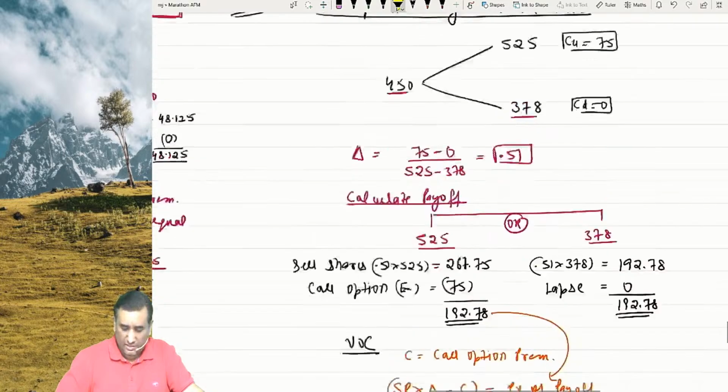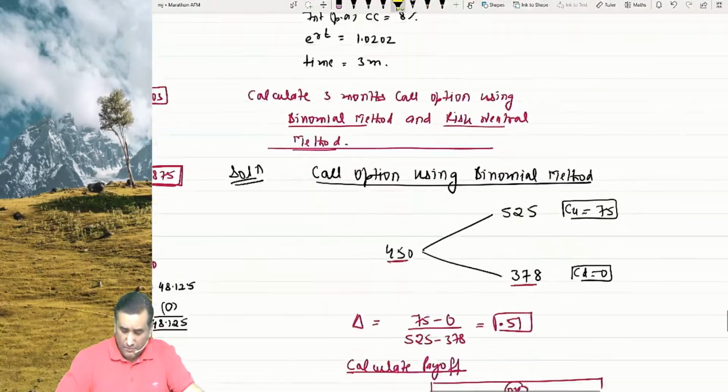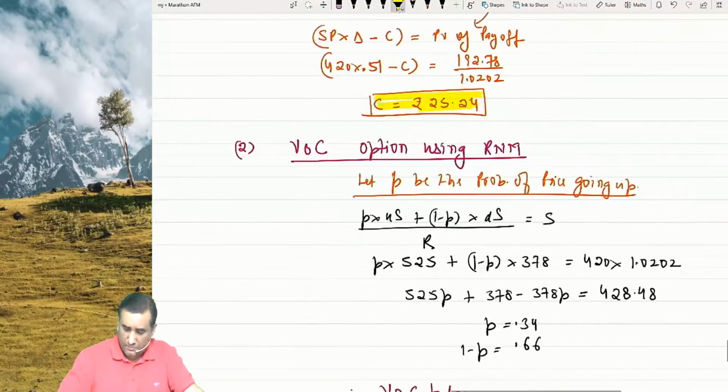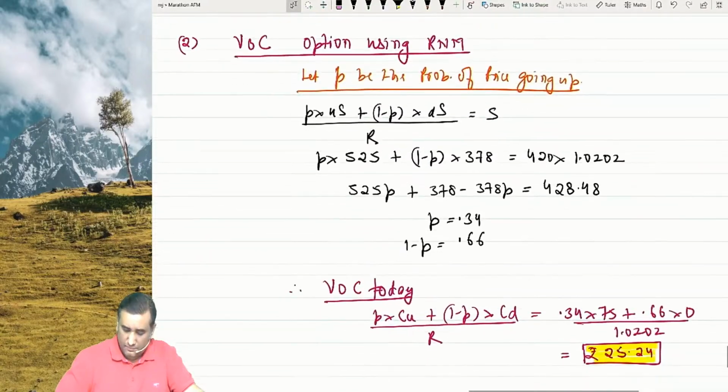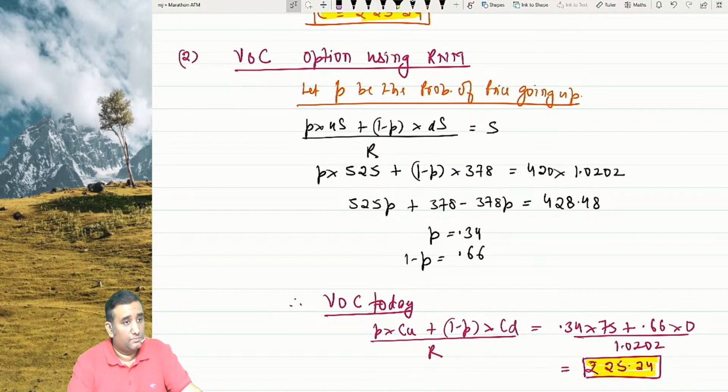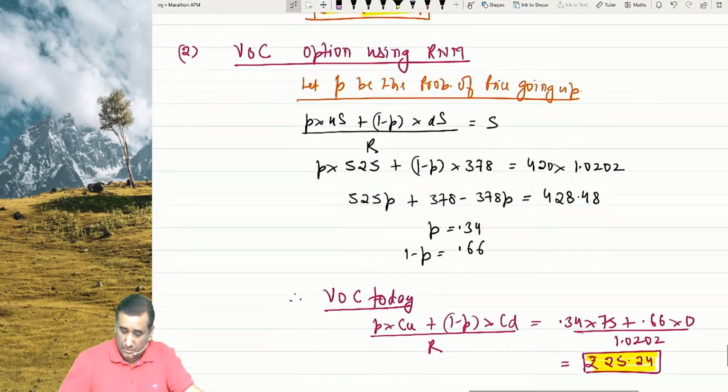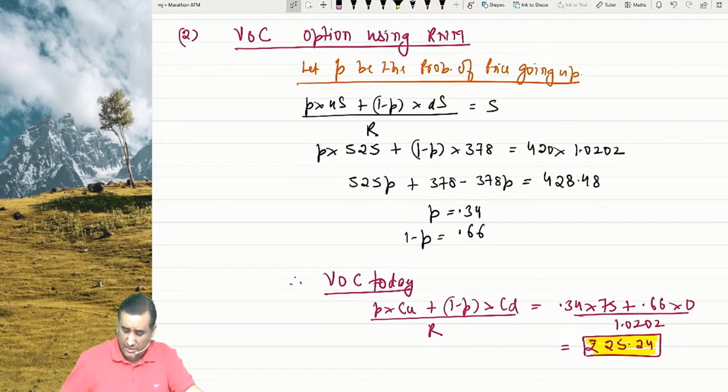This question came in 20 I think. How much are you getting here? 0.34, that 25, actually.